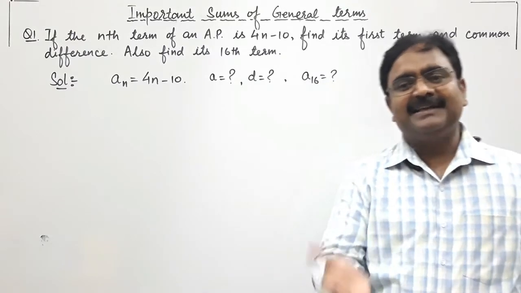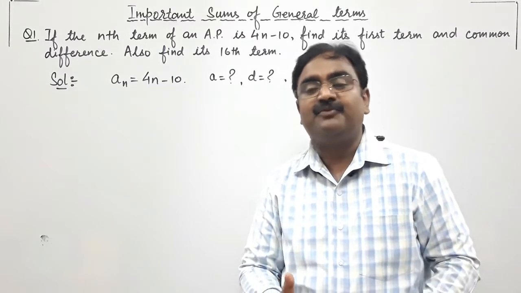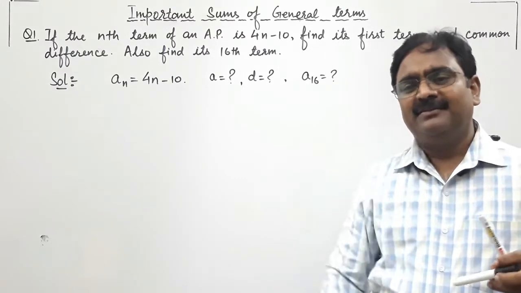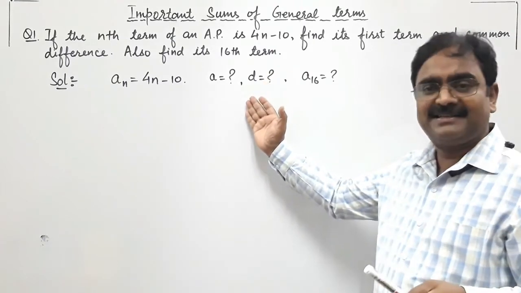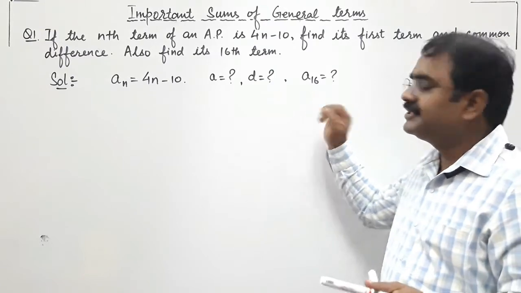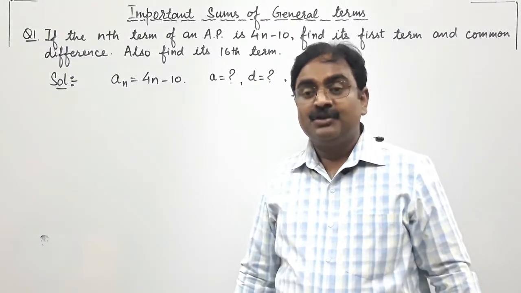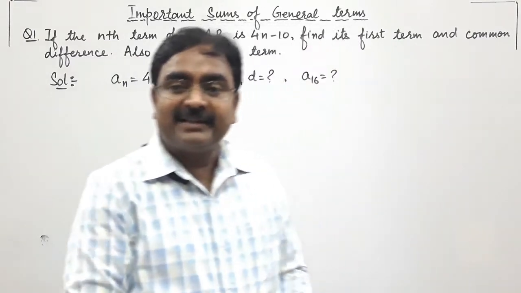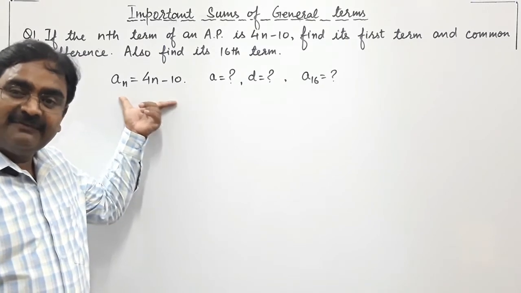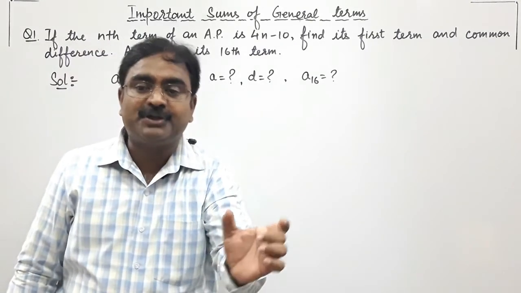And after forming that arithmetic progression, you can find everything, as there are three things asked: first term, common difference, and 16th term. So we can find all of that easily, right? So पहले तो हम क्या करते हैं? Based on this given thing, हम अपना arithmetic progression find करते हैं.